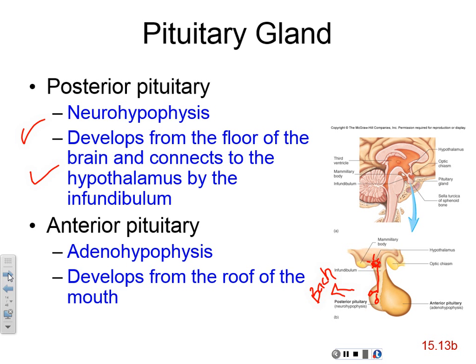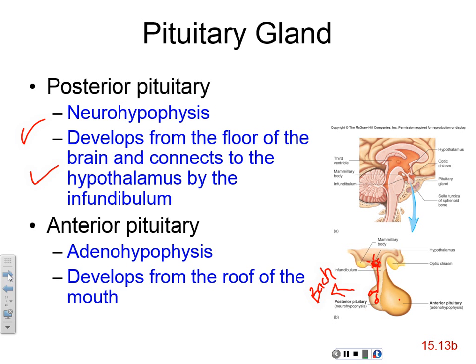It carries blood to another organ, because hormones travel in blood, right? So the hormones produced in the hypothalamus will go through blood vessels to cause the anterior pituitary to release hormone. Okay.